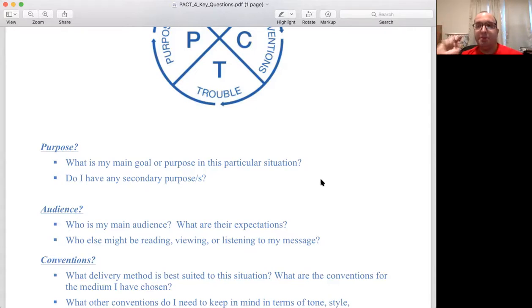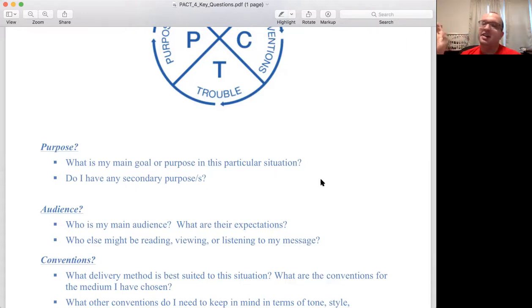So your purpose in this case is to inform the reader or the listener about how to do this particular task. Your purpose is, by the time they are finished with your handout or your presentation, they will be able to do the task themselves, right?